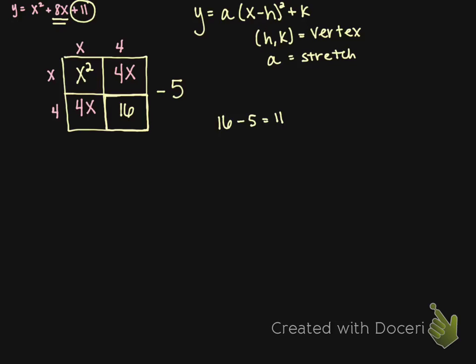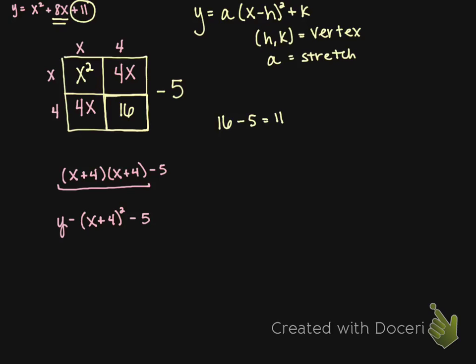We can write out our equation. So the dimensions of our square give us x plus 4 times x plus 4, and then we have that minus 5 on the very end. Because we can shorten up x plus 4 times x plus 4, we can rewrite this as x plus 4 squared minus 5.